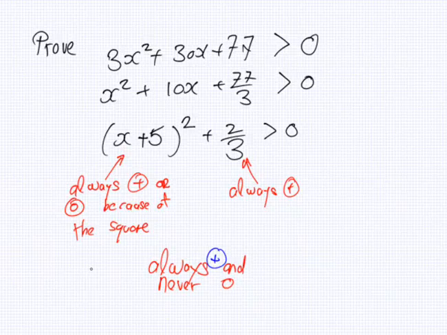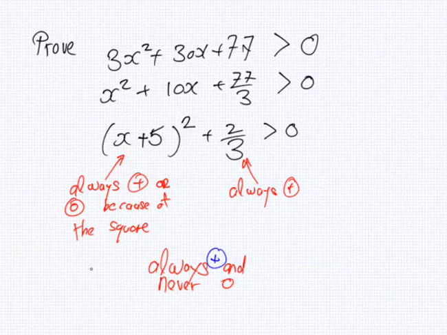Do you think it's possible to make this negative? Maybe we should use a negative number. Try minus 5. See if you can make it negative. What do you get for minus 5? Still positive.